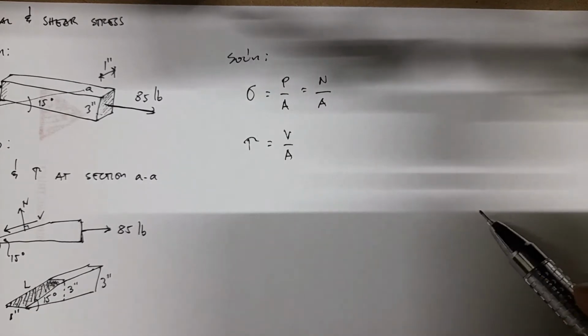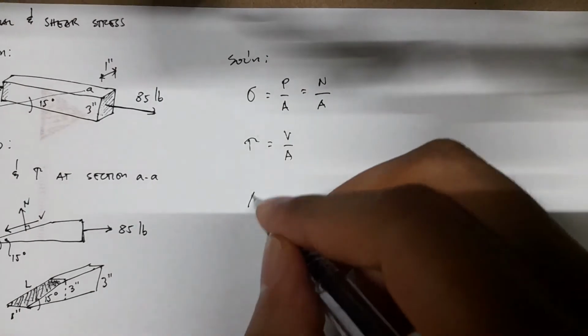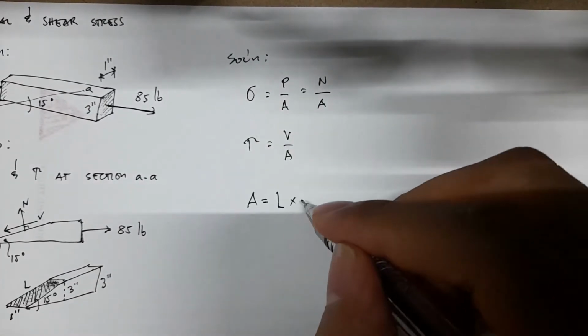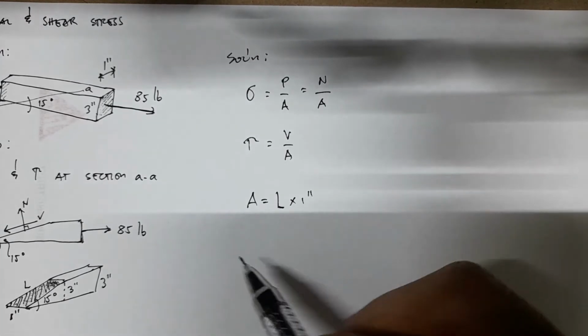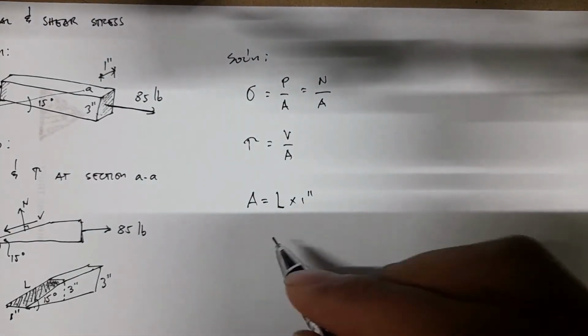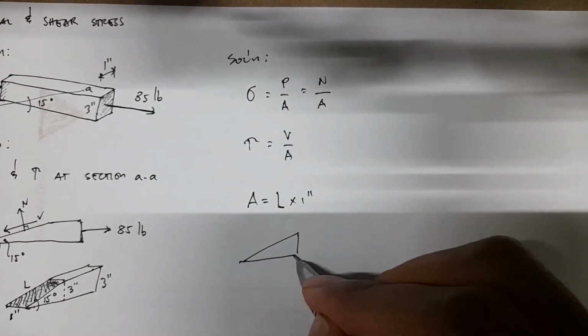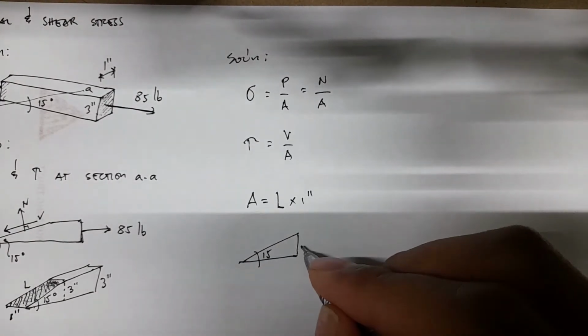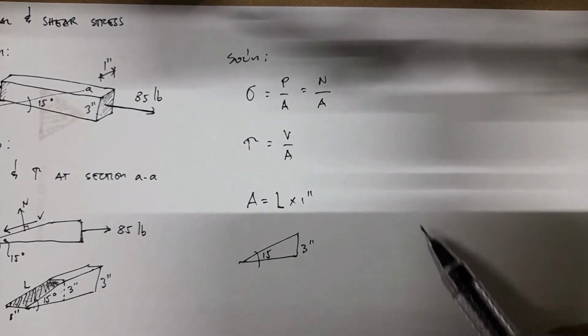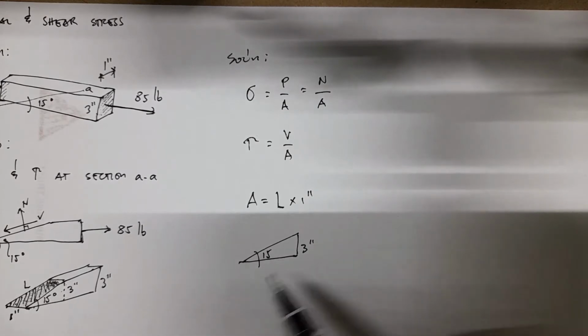So how do we get the area? It's just area equals L times 1 inch, and L can be solved by using this triangle. You have here 15 degrees, and then you have 3 inches. This height here is the same as the height here. The drawing isn't quite the same, but it's basically the same.